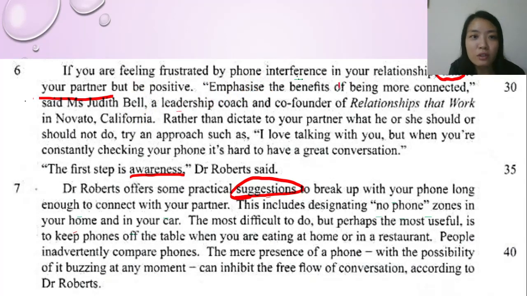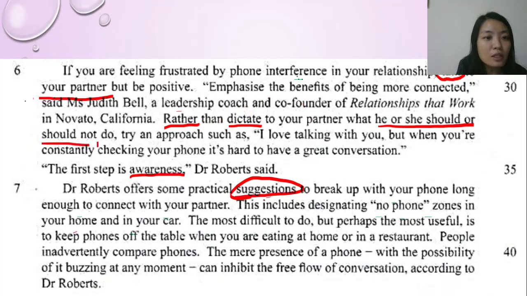Okay, if you're feeling frustrated, talk to your partner but be positive. Emphasize the benefits. Rather than dictate to your partner what he or she should not do, try and approach. Rather than dictate means instead of telling your partner what he or she should not do, which sounds like rules lah.